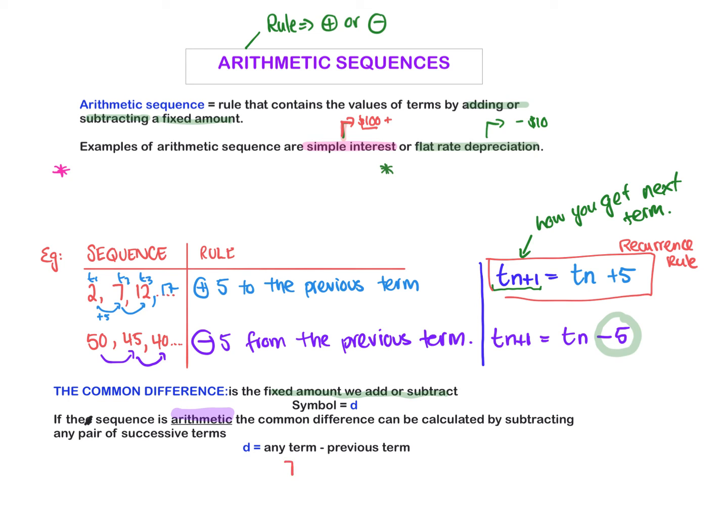I've used the 7, minus the previous one, and you can see you get 5. Even if I chose 12, so 12 minus 7, it gets 5. So that's how I can find out whether a sequence is arithmetic, by checking whether if I minus the previous term from the next one, I get the same amount every time.